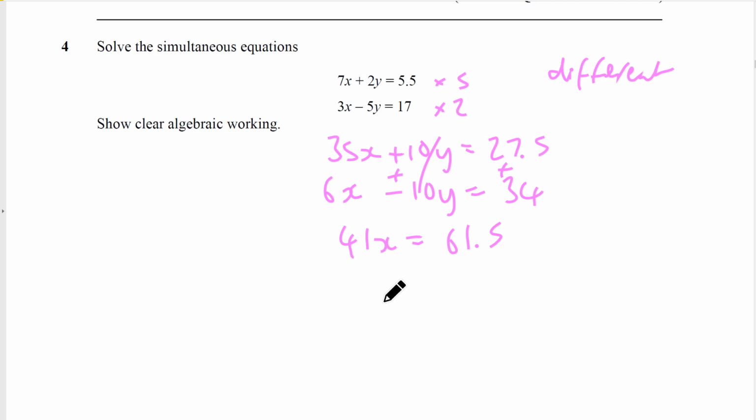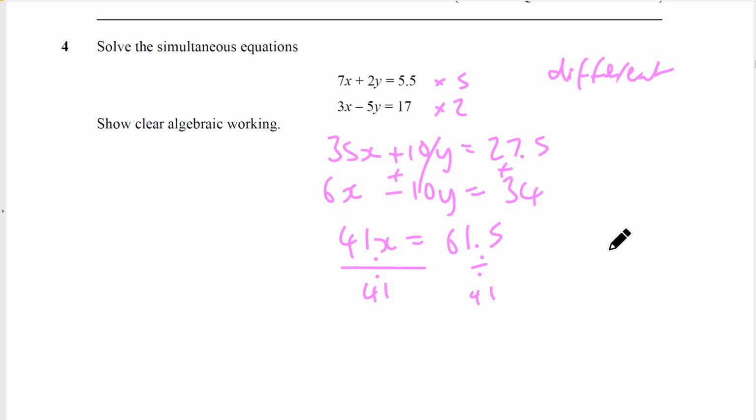Right, so how can we make this a bit easier? Because we have a decimal here. Well, what we've got to do here is still divide by 41 anyway. Okay, we're dividing by 41.